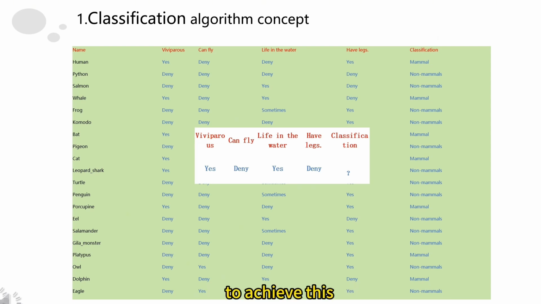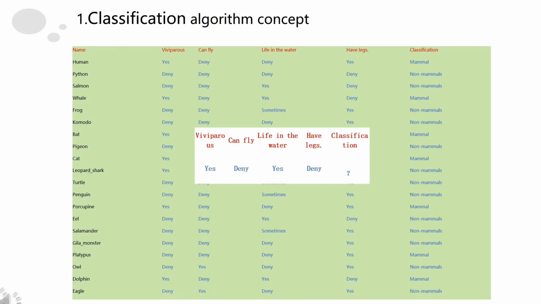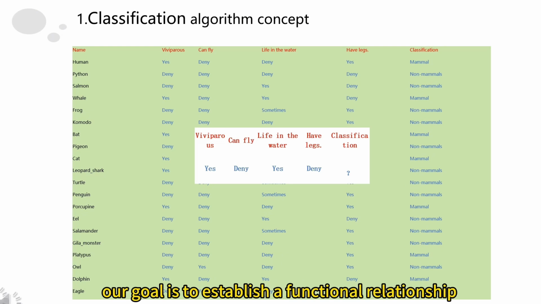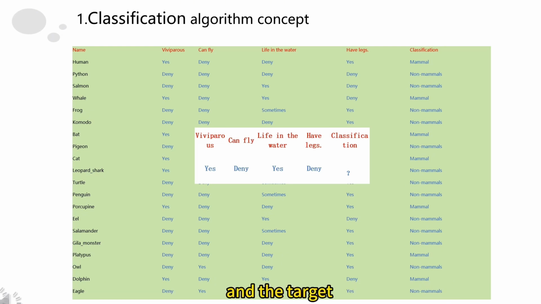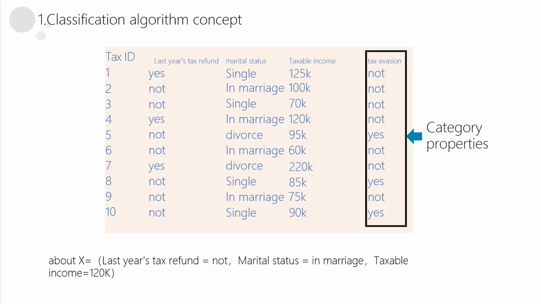To achieve this, we've employed a set of features to serve as indicators of whether the sample is a mammal. These features include factors like being viviparous, having the ability to fly, residing in water, and so on. Our goal is to establish a functional relationship between these features and the target, in order to create a model that can discriminate whether the sample is a mammal.